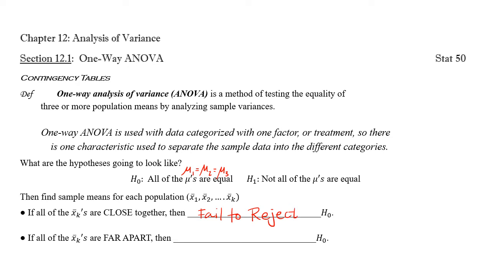But if it looks like at least one of them is different from the others, or all of the x bars, the sample means, are far apart, which actually would not be necessary, you would only need one of them to be significantly different from the others, and that would be enough to reject the null hypothesis.